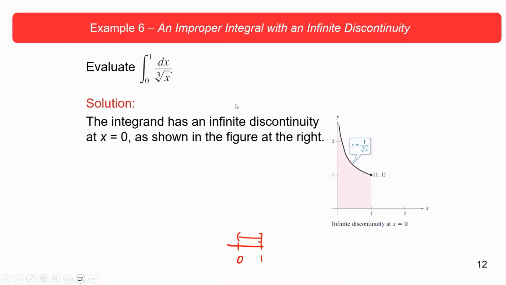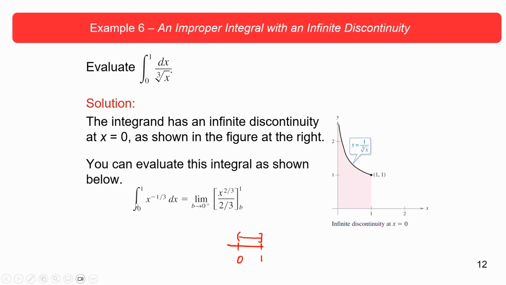That's why what we do here is we replace the 0 by letter B. So this can be rewritten as the limit as B approaches 0 from the right, of the integral from B to 1, dx over cube root of x. It's at the bottom, so let's write it as A, but here they used B. It can be any letter, don't worry.